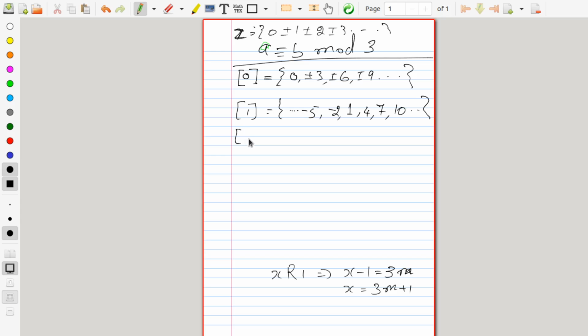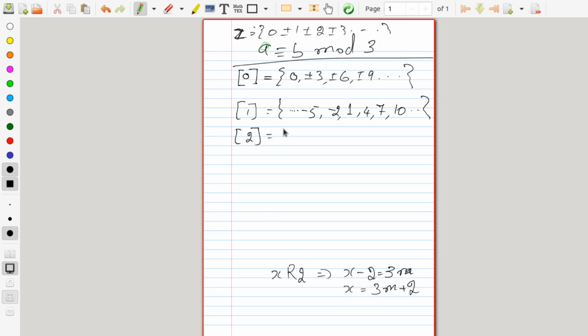And in a similar way, we can write down the equivalence class of 2. The only difference is that here this 1 is replaced by 2. x is related to 2, which means x minus 2 is a multiple of 3, and therefore x is something like 3m plus 2.